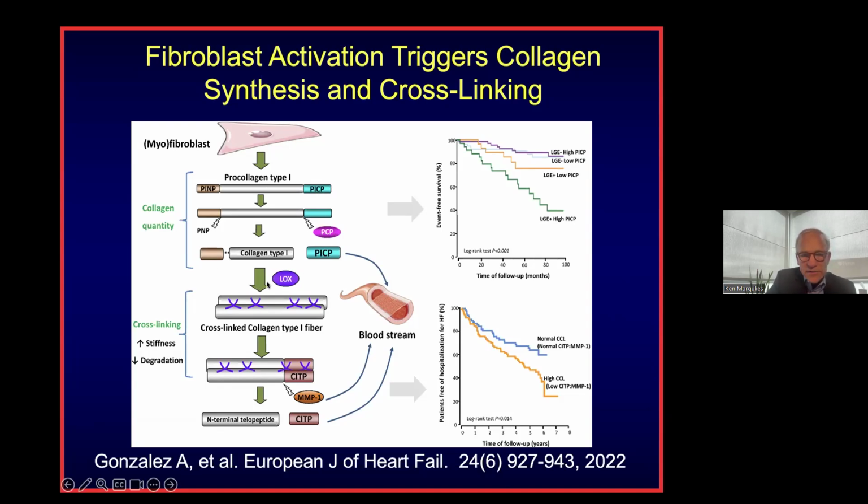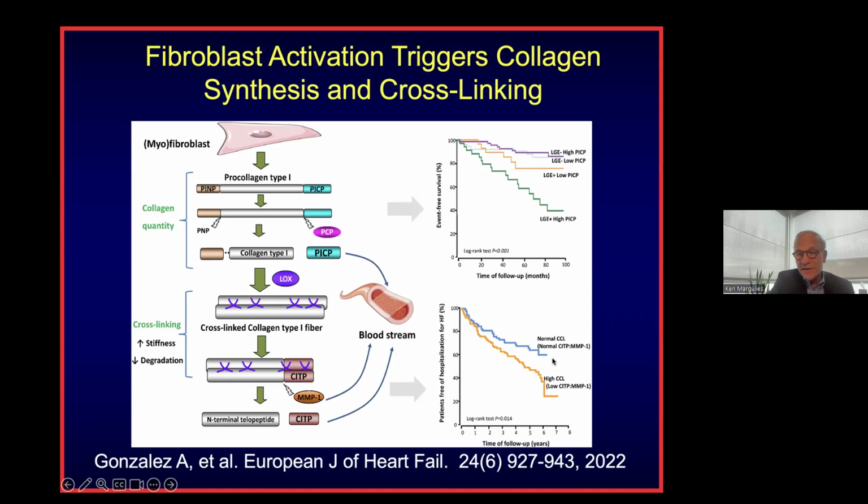Meanwhile, another change that happens with collagen once secreted is that it can get cross-linked. That results in a greater stabilization of collagen, more resistance to degradation by things like matrix metalloproteinases. And so CITP is a marker of stabilized collagen such that we can relate the CITP to MMP1 ratio to the stability of and the degree of cross-linking of collagen.